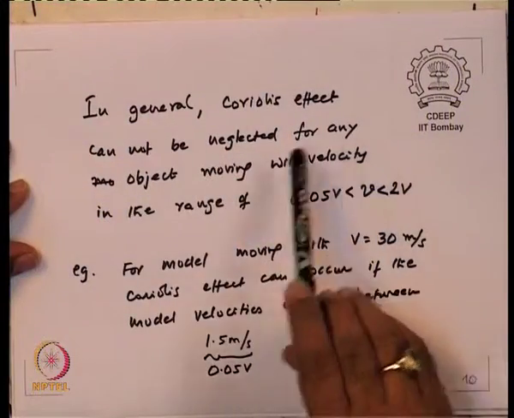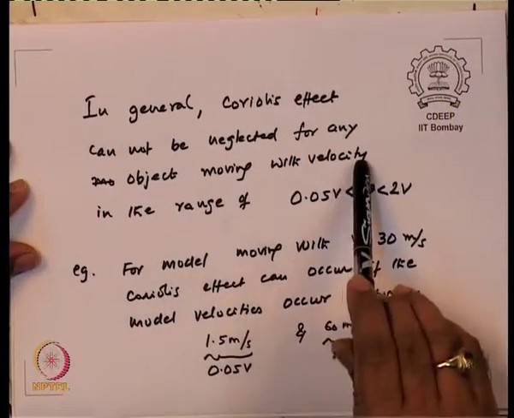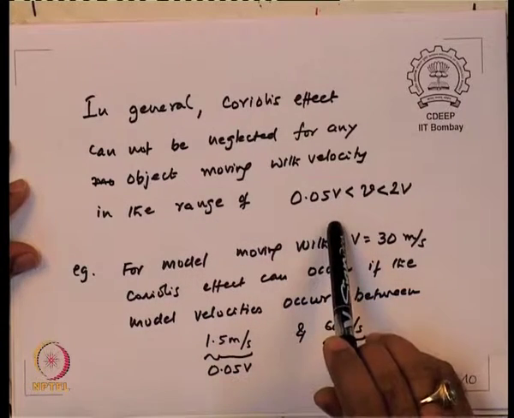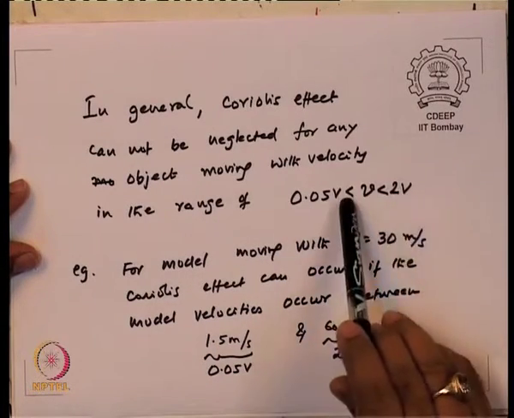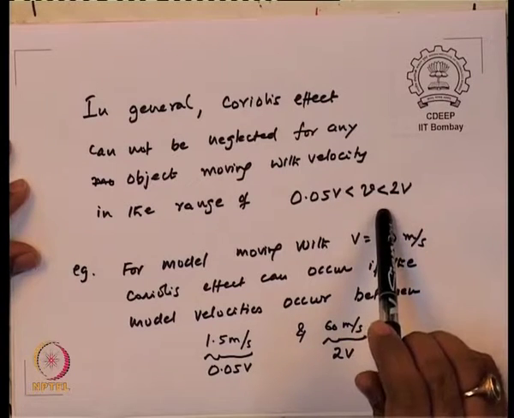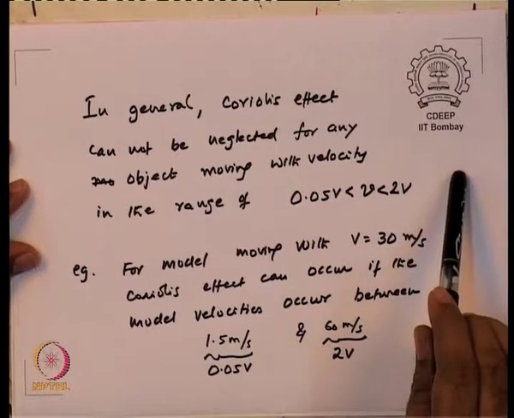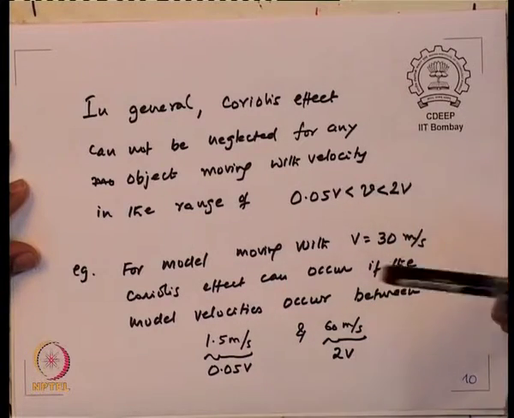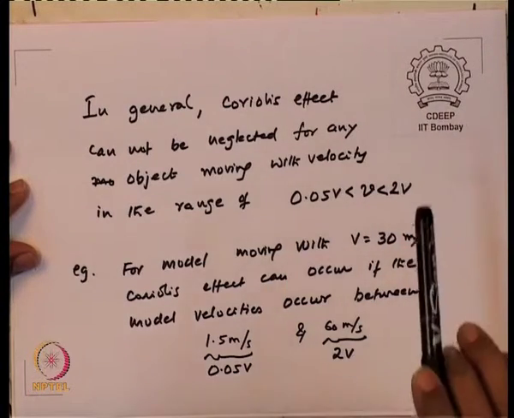So in general, Coriolis effect cannot be neglected for any object moving within the velocity range. That means that if the velocity is within 0.05 V to 2V, then the Coriolis effect cannot be neglected. If the velocity is more than 2V, then the Coriolis effect is non-existent. That means that the model will not be affected by the Coriolis effect.